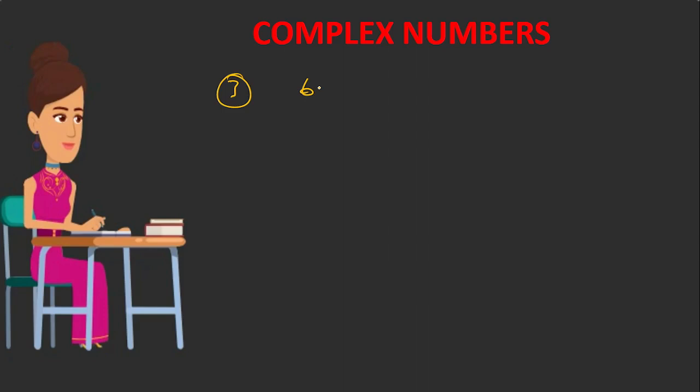The conjugate of 0 plus 2i is just 0 minus 2i. So instead of writing 0 minus 2i, you're just going to write negative 2i, because you know the conjugate of 0 plus 2i is simply 0 minus 2i.